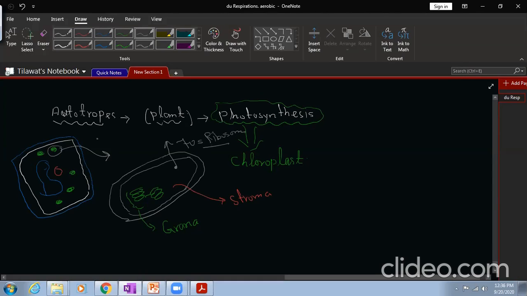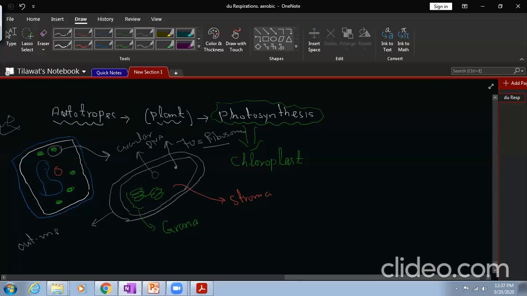This also contains circular DNA. I discussed with you already that circular DNA is DNA whose two ends are joined with each other.